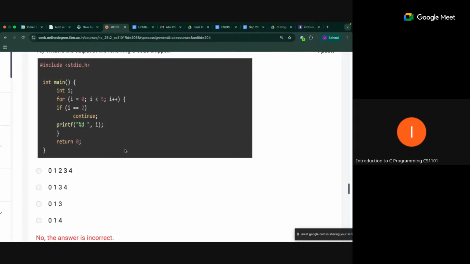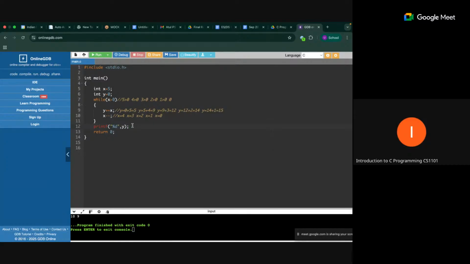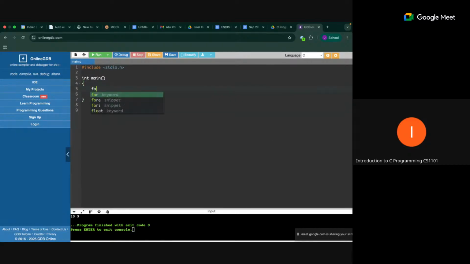Yes, generally break will exit the loop and continue is to just skip the current iteration. For example, let's say I'm giving like this. for (int i = 0; i < 10; i++), and here I'm giving for (int j = 0; j < 10; j++).